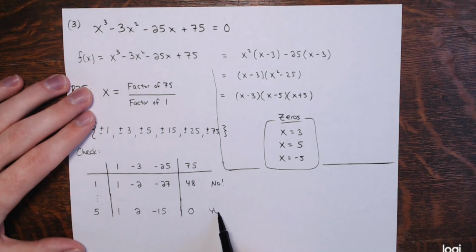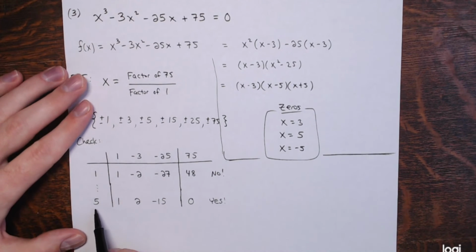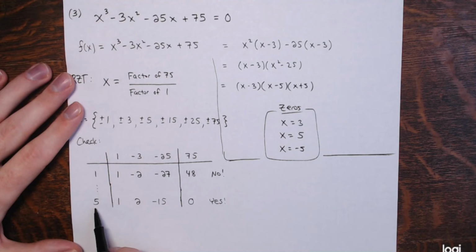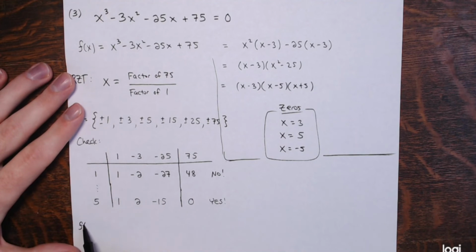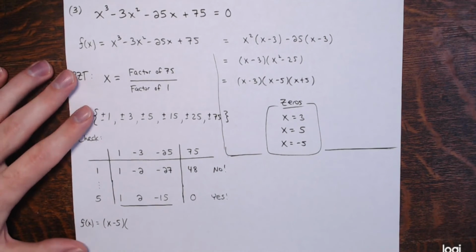Right? So yes, I found a 0. 5 is a 0. So I should be able to factor the polynomial. It's equal to x minus 5 times, and then these numbers here give me the other factor, the quotient, which would be 1x squared plus 2x minus 15.